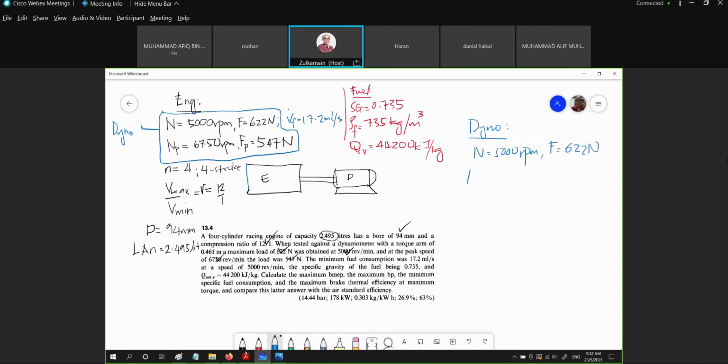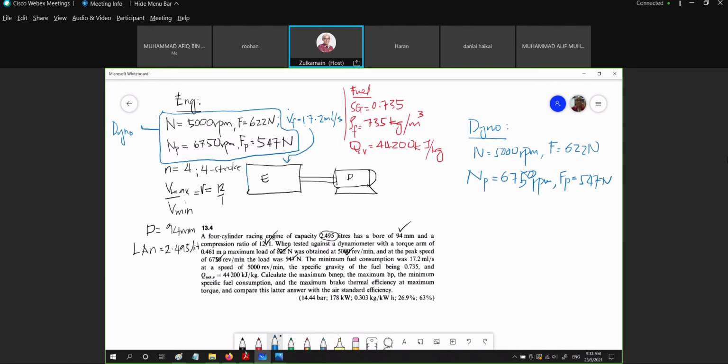And peak at 750 RPM, force of peak is equal to 547 Newton. Okay, sorry for that. This one is for the dyno actually. And this V dot F is for the engine, the fuel going into the engine.